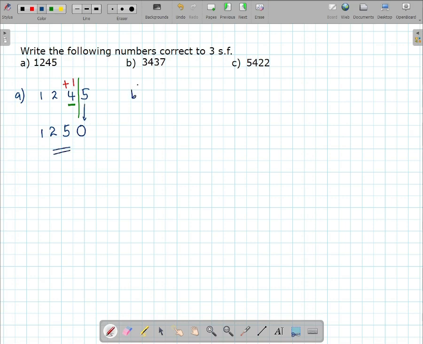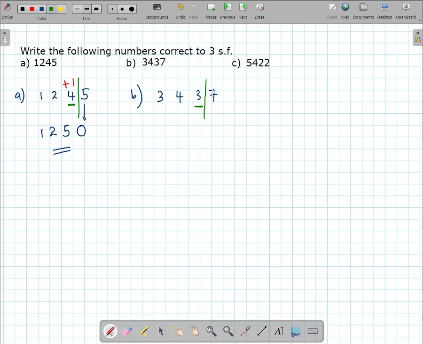B, that is 3437. So what is the third SF? 1, 2, 3. Then after that, the separation. Then we check the digit right after the separation, that is more than 5.